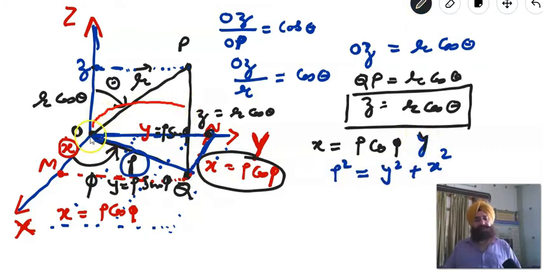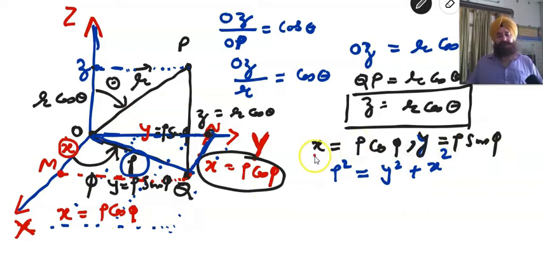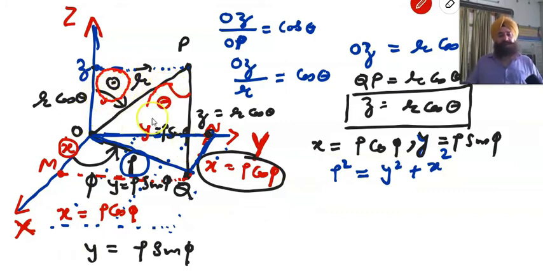Now consider this right angle triangle. This is small y, and from here to here it is x. By the Pythagoras theorem, and since x is rho cos phi and y is rho sin phi, squaring and adding these two equations, you will get the same. Now, as this angle is theta, this alternate angle will also be theta, because this line is parallel to this line. Now consider this right angle triangle.